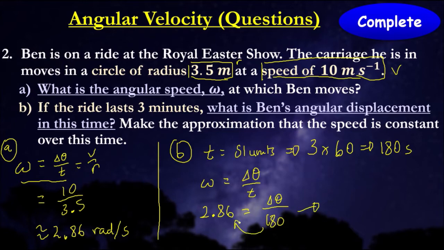So times this over onto this side, and we get a value of about 515 rads, or radians. Okay, let's try one more.